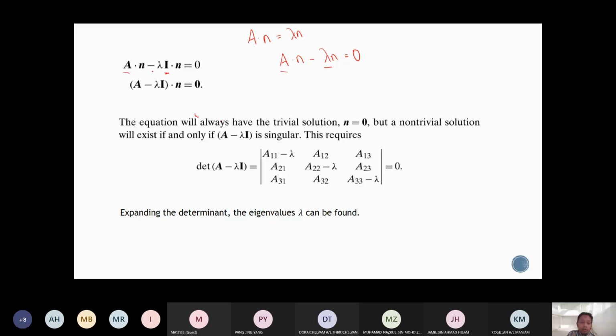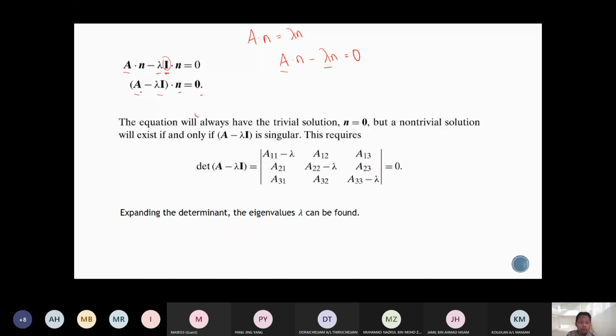Here is a matrix, but lambda is a scalar, so they have different size. Size dia tak sama. To make the size of lambda and A the same, you multiply by the identity. Okay, ni just derivation, bukan pengiraan lagi lah. This is only the derivation. So when you have A dot n minus lambda times identity matrix I dot n equals 0, you can factorize: A minus lambda I dot n equals 0.